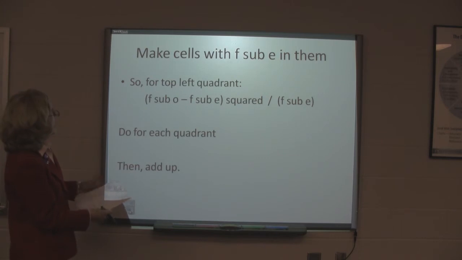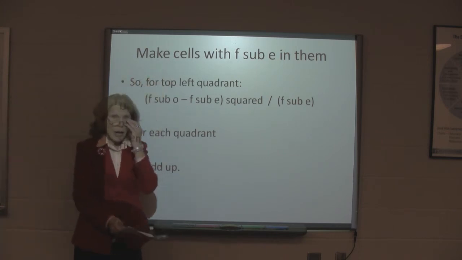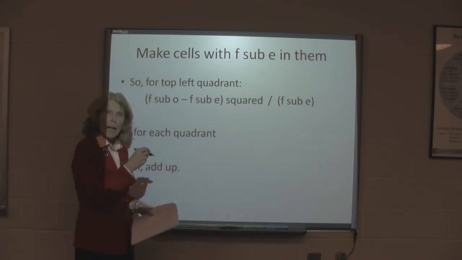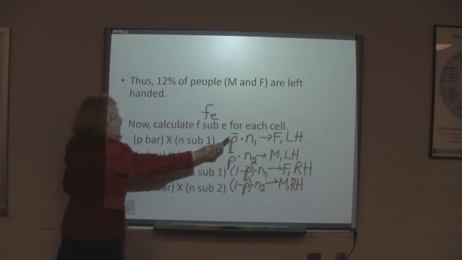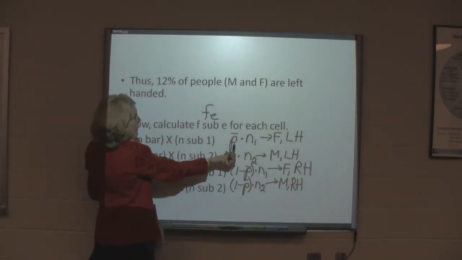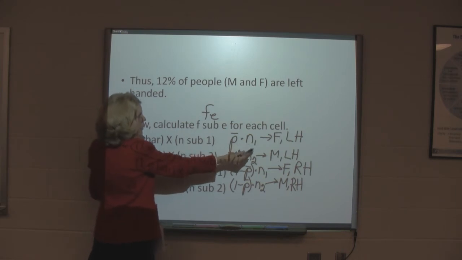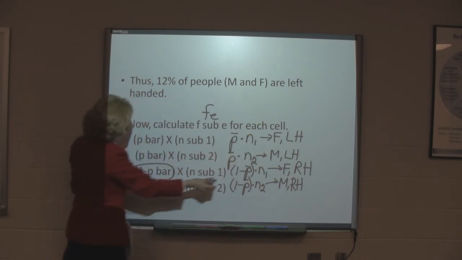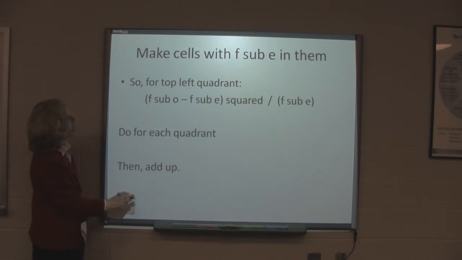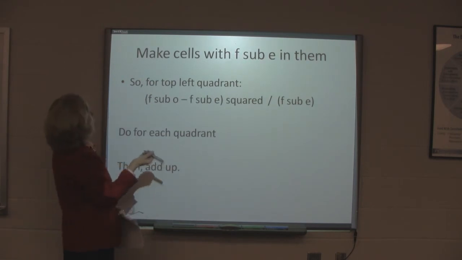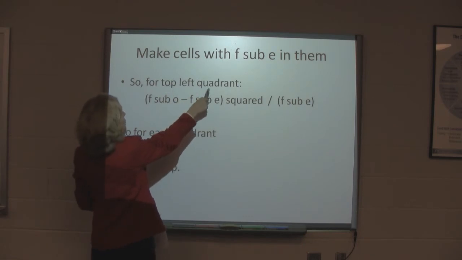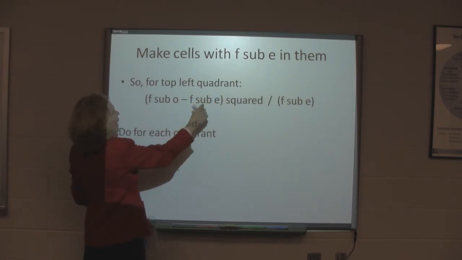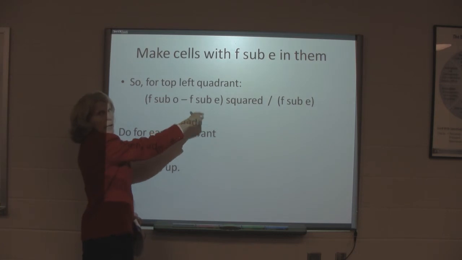Okay. Then within each cell, we're going to calculate these that we have over here. We're going to calculate the P bar times the N sub 1, calculate each of these, and put them in the table. So for the top left-hand quadrant, we're going to take that F sub E that we calculated a second ago, and we'll get to this in a minute.